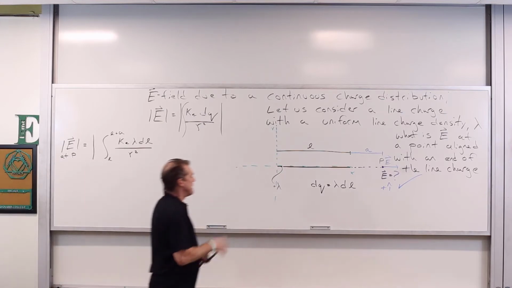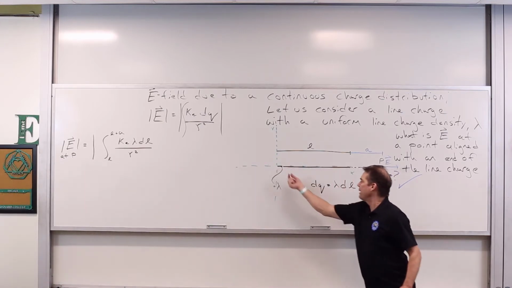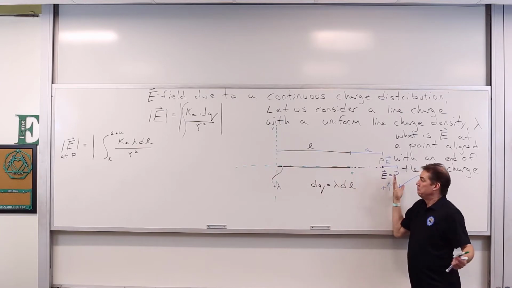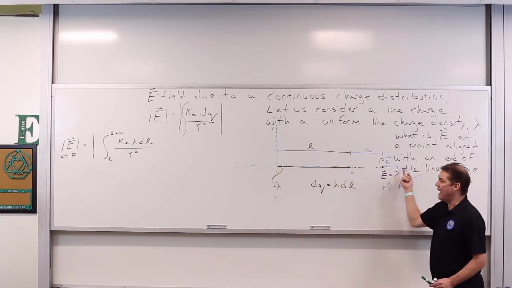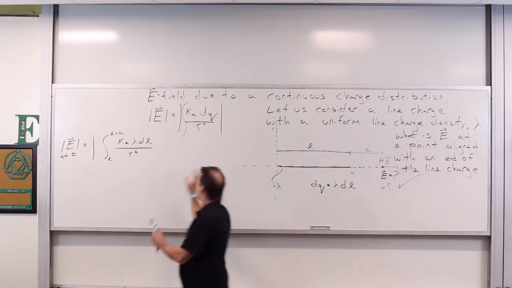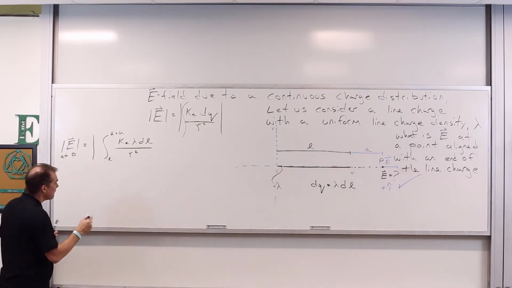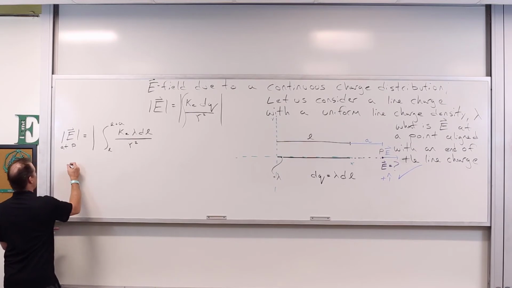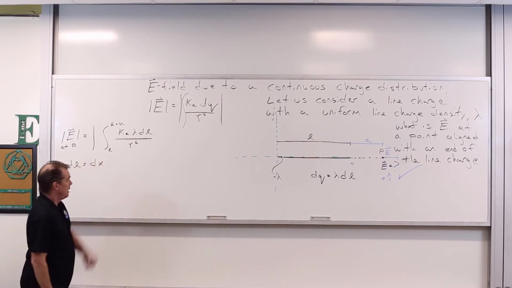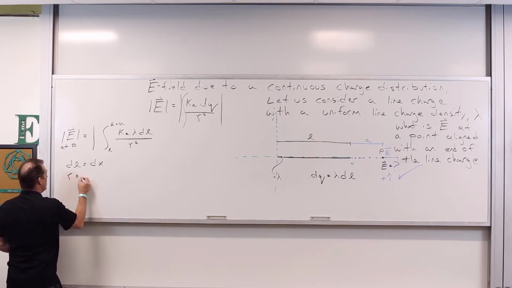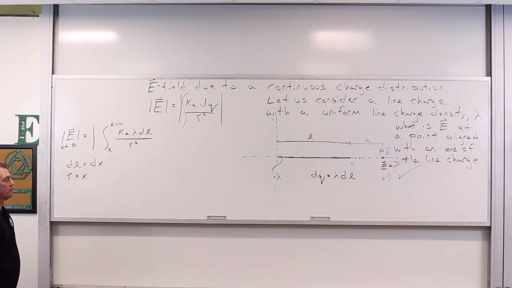Instead of some dl, now we can talk about dx. And instead of r, we can talk about just some distance x. So when we do that, it's a little bit more convenient. We can say that dl is equal to dx now, and r is equal to x, some distance away from that point. That's it. It's all in x.